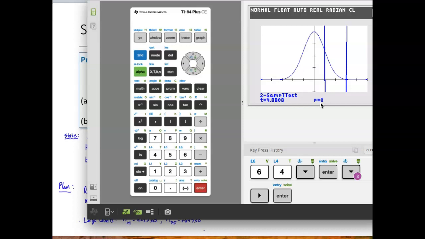It's way out there. Because 3 standard deviations from the mean is like 99%, right? So 4 is like way out in the tails. And so P is approximately 0.